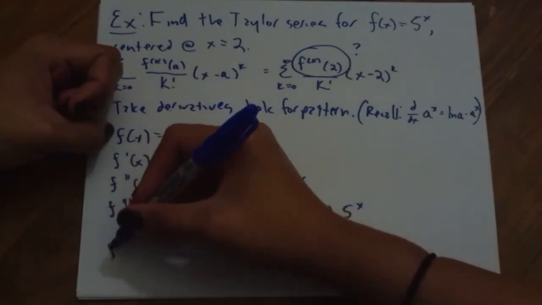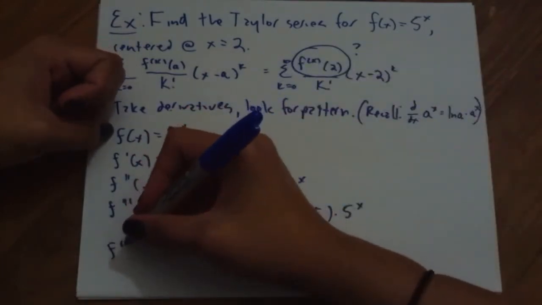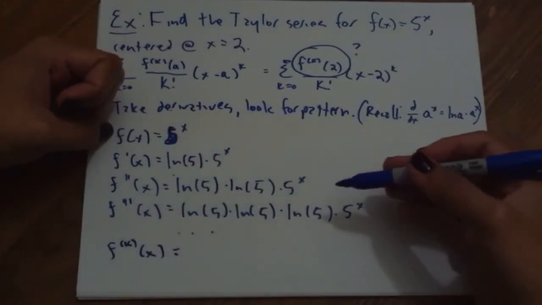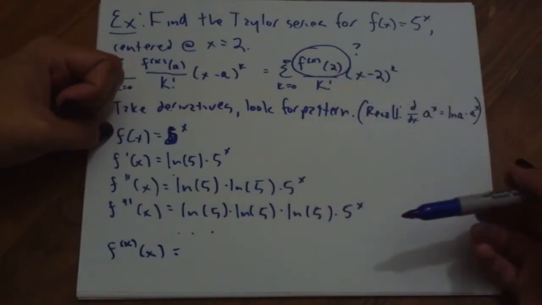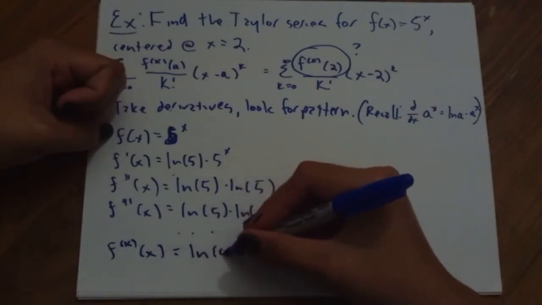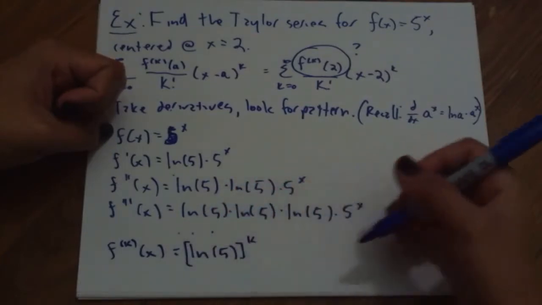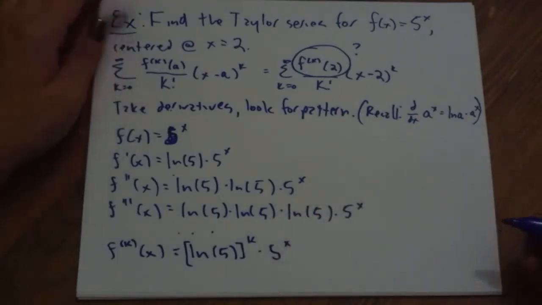So for my kth derivative, my pattern is that I have k copies of natural log of 5 each time. So this is natural log of 5 to the k, to tell me that I have my k copies, and then I have this 5 to the x on the end.